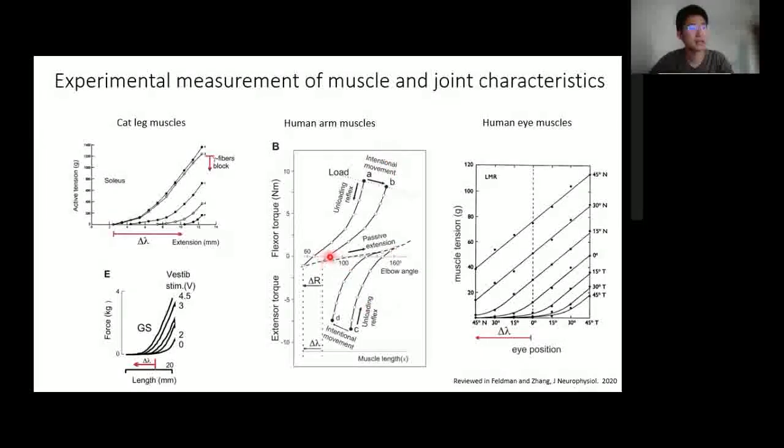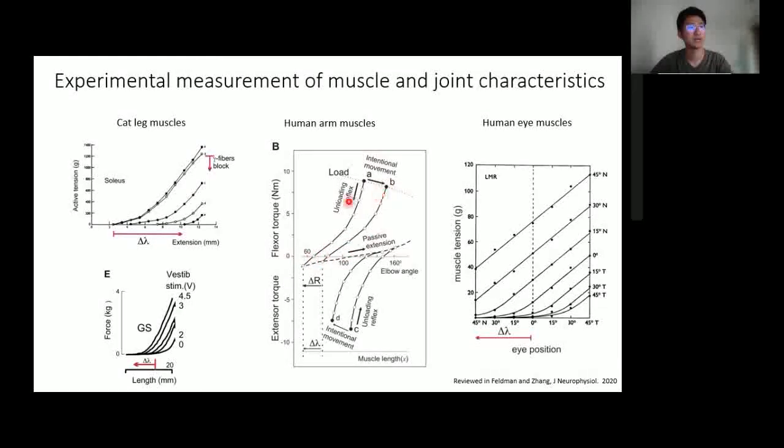At each position, for example at this point, we have this load, and then the experimenter decreases the load to different levels, and we see the arm will arrive at different final positions. Until you completely remove the load, the arm will arrive somewhere along the x-axis, and that is where the resting length is.